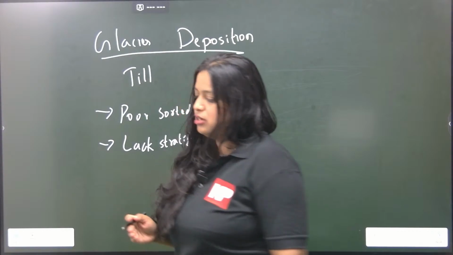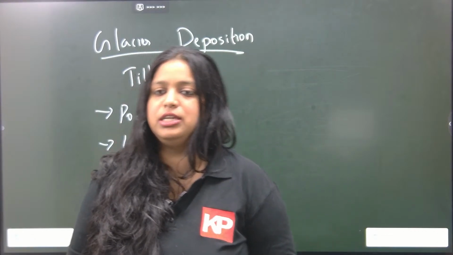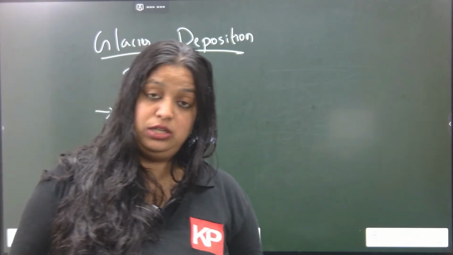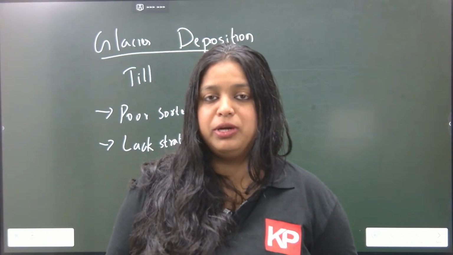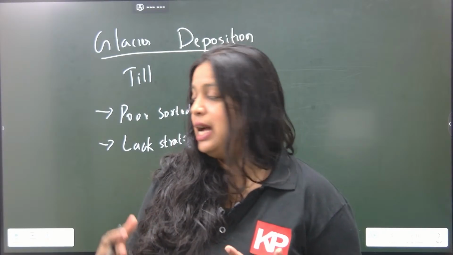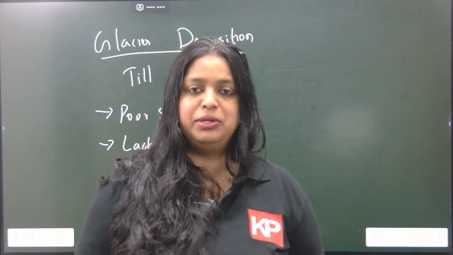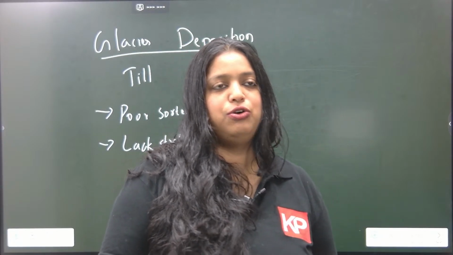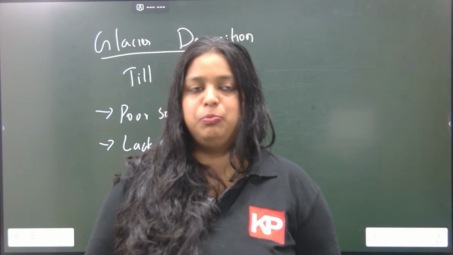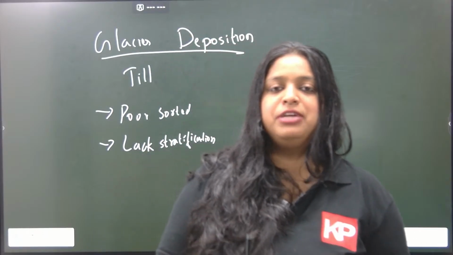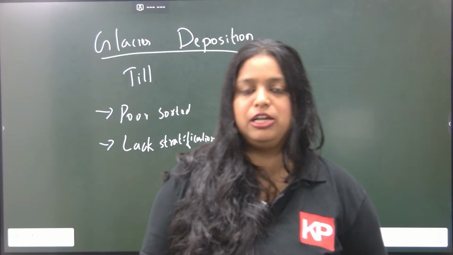If this glacier-deposited till sediment is reworked by glacial meltwater, that will cause stratification or better sorting in these sediments. That's what causes formation of kame and kettle depositions and all those structures, glaciofluvial landforms. If they are glaciofluvial, we get stratifications.